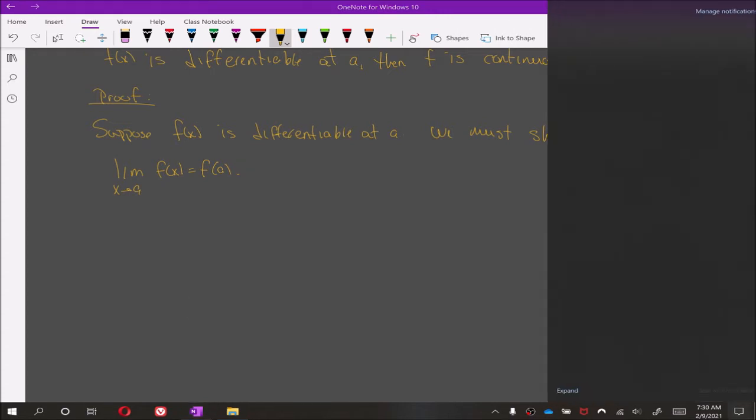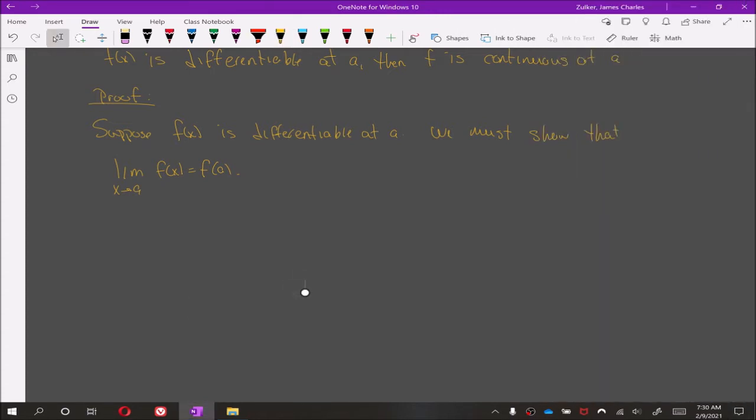So if we take a look, limit as x approaches a of f of x. We can write this as the limit as x approaches a of f of x minus f of a plus f of a. Right, so here all we're doing is we're adding 0, and we are allowed to do that. Adding 0 does not change the value.